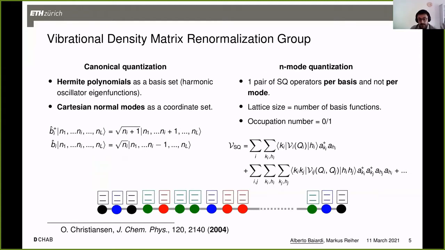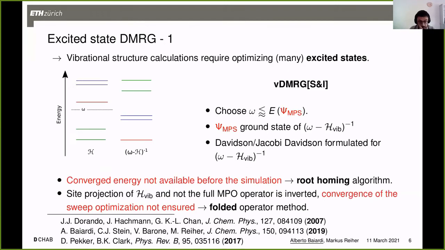However, in both cases, the DMRG lattice is now multi-component, in the sense that sites belong to different modes, which are distinguishable objects. But besides that, there is also a technical problem related to the fact that the ground state is much less interesting for vibrational structure calculation than in electronic structure calculation, because any simulation of vibrational spectra and vibrational properties often involves the calculation of excited states, and possibly many excited states.